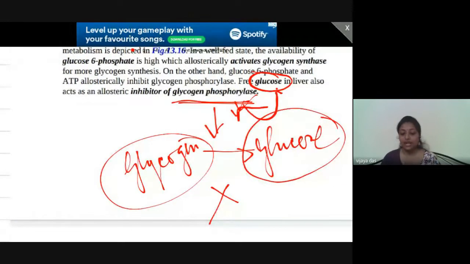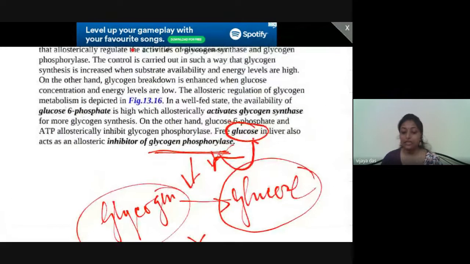Correct? Simultaneously, we will see that glucose 6 phosphate is supposed to start the process of glycogen synthesis. So suppose there is a well-fed condition. Well-fed condition means there will be more glycolysis, there will be more insulin, so there will be more glucose 6 phosphate, right? The more glucose there is, the more glucose 6 phosphate is made at the time of glycolysis.